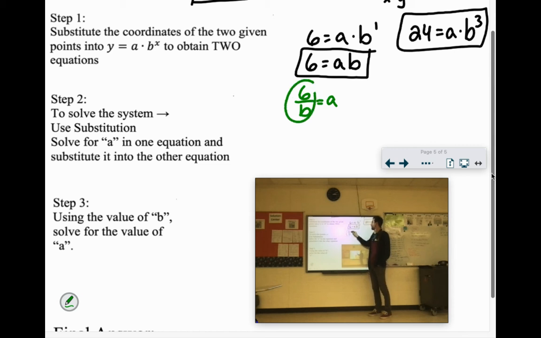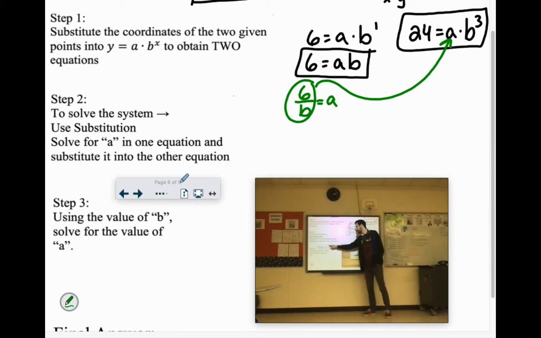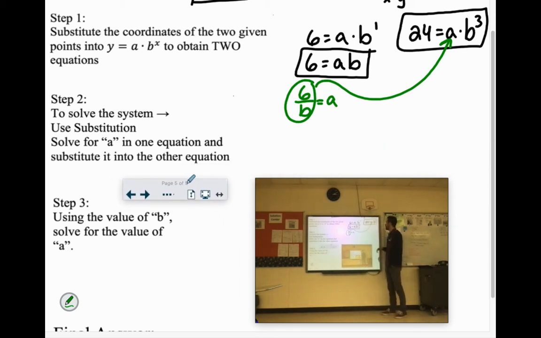So we can take this and substitute it in the other equation for a. You did it with the system of equations back in the day. So we'd have 24 equals, drop your marker. Our new a is actually 6 over b times b to the third.